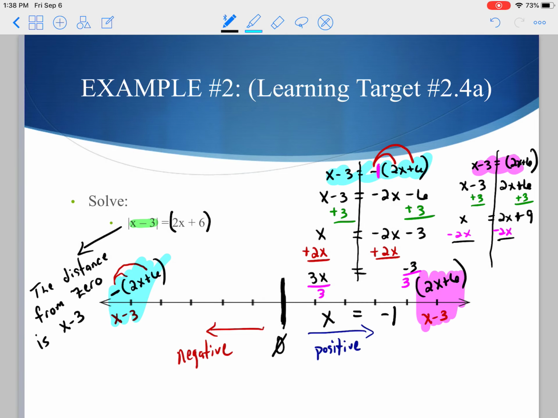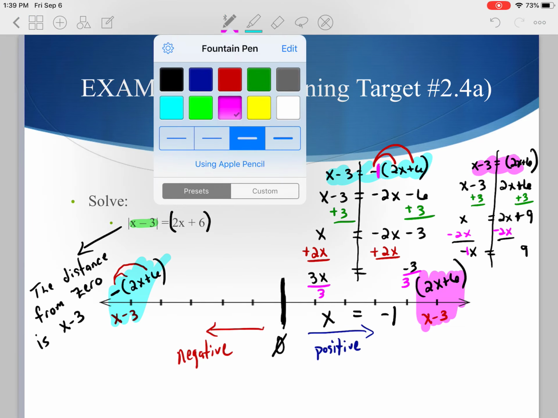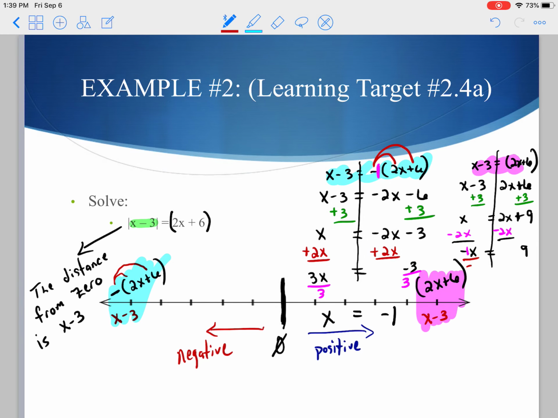So now I have negative x equals 9. It is not the best mathematical practice to leave a negative x. So again, we have an implied 1. So in order to remove a negative 1, I need to divide by negative 1 on both sides. And I have a solution of x equals negative 9.